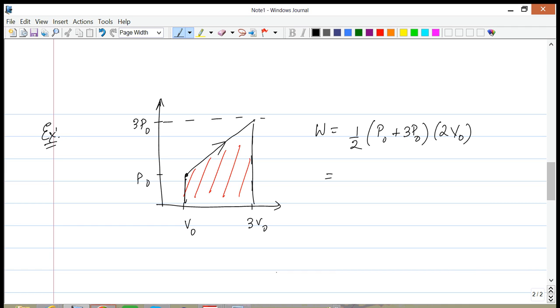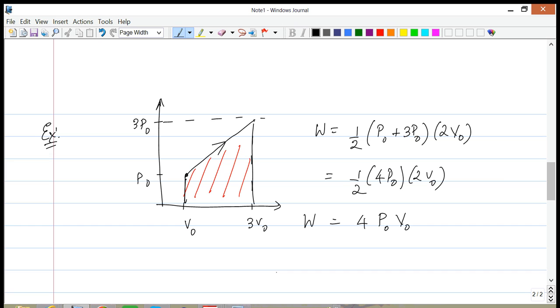If you're uncomfortable doing that, break it up into a triangle and a rectangle, and you should end up getting the same answer as I have. So the first term becomes 4P0, so it'll be half times 4P0 times 2V0. When we simplify it, we end up getting 4P0V0. So this is the work done.